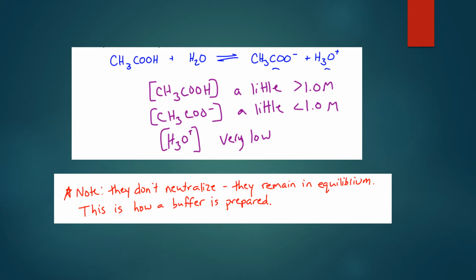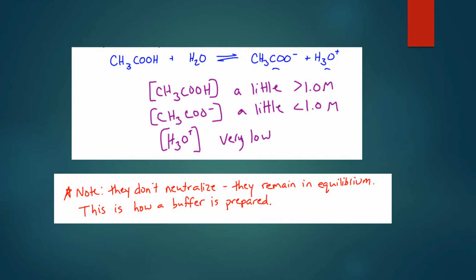So the result of this is that when we have this equilibrium between the acetic acid and the acetate ion, when we've added the salt of the conjugate base, that sodium acetate, we have made it so that we've got an equilibrium where the concentration of hydronium is very low.